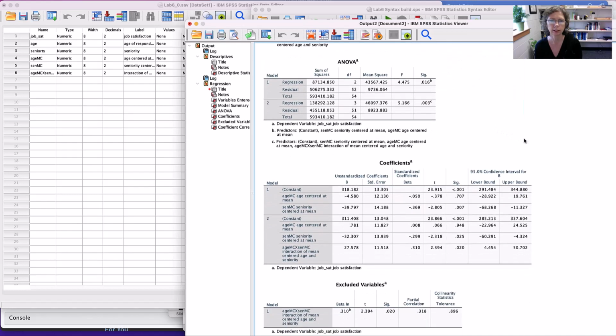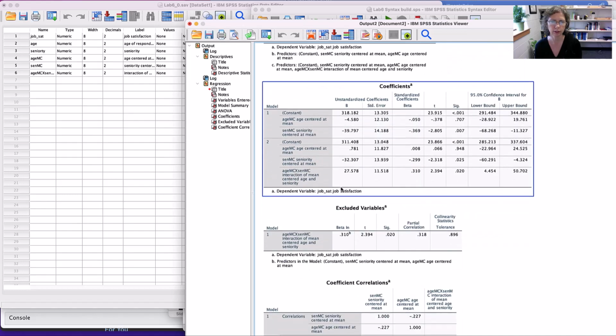And we can go ahead and see that in the coefficients down here. That we're looking at model 2, that all else being zeroed, which means mean centered here, the job sat would have come in at 311.408. But we have that age is not significant. The mean centered age is not significant.